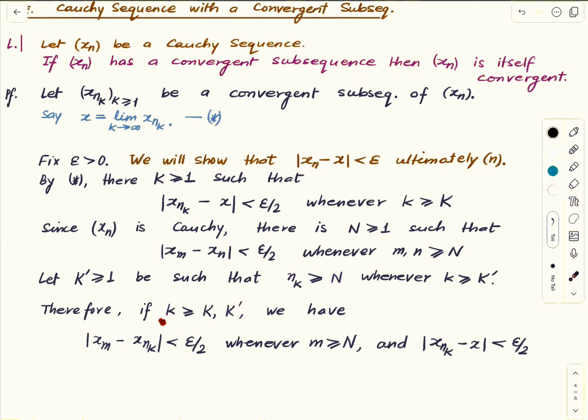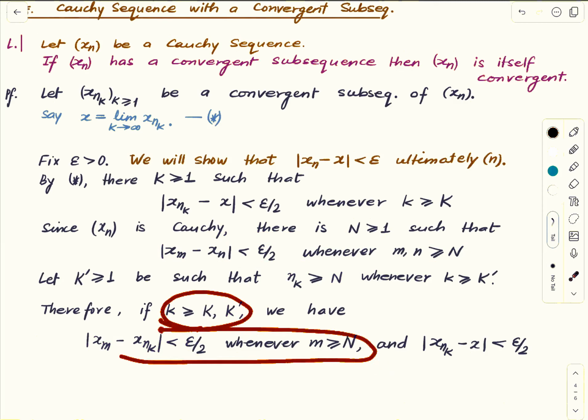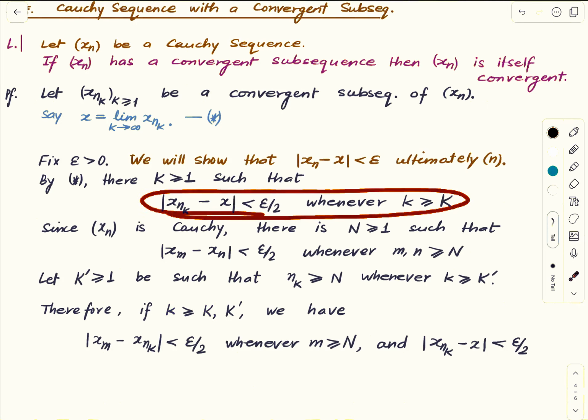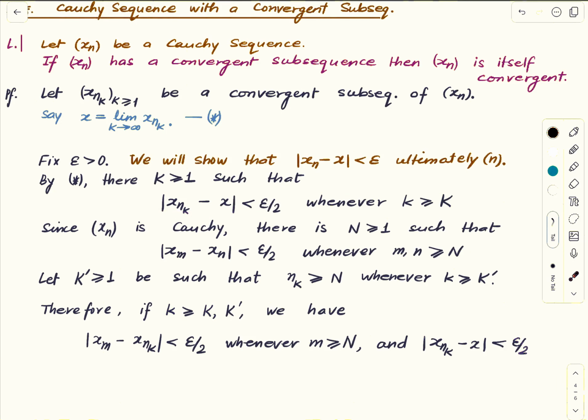And the other part is automatically true because if k is at least capital K, then that's exactly what we've written here.